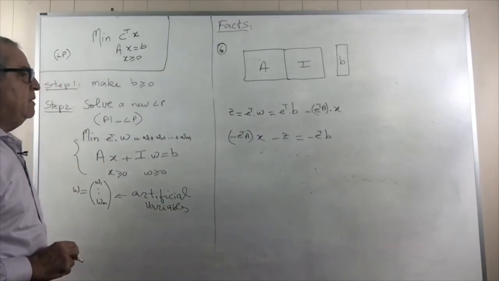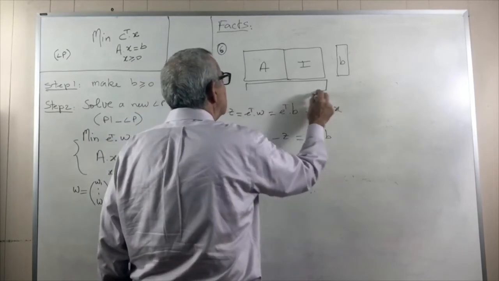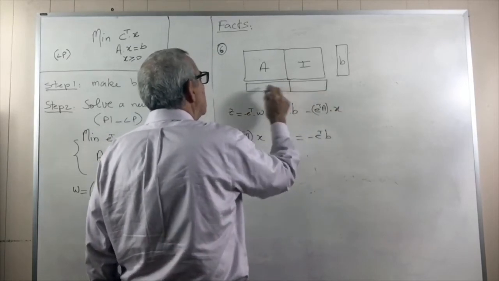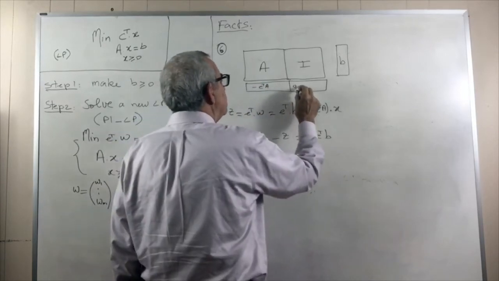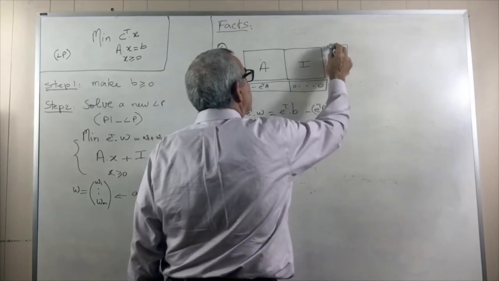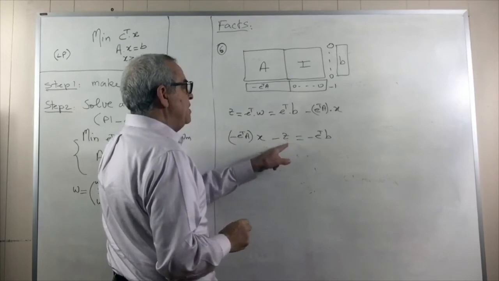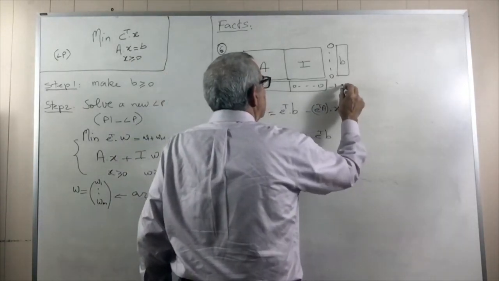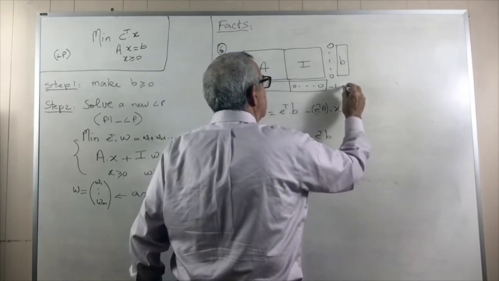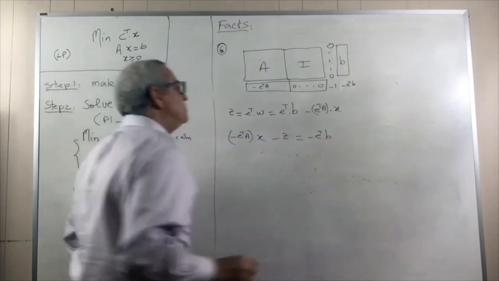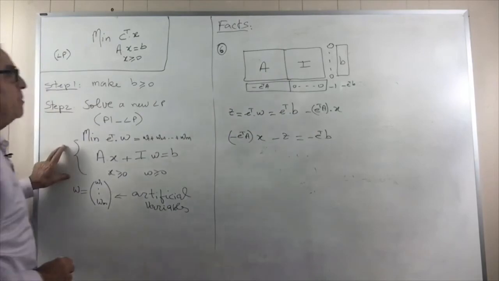So in here, I get minus E transpose A. Here are zeros. And then here, minus 1 for Z, the objective function. And then here we have minus E transpose B. Now, this is a simplex tableau for the P1LP.